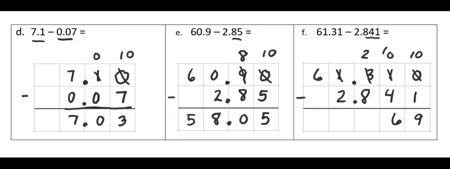So I'll take that 1 whole, decompose it into 10 tenths, which now gives me 12 tenths. 12 minus 8 is 4. Put my decimal point, and I have 60 minus 2, which is 58. So 61 and 31 hundredths minus 2 and 841 thousandths equals 58 and 469 thousandths.